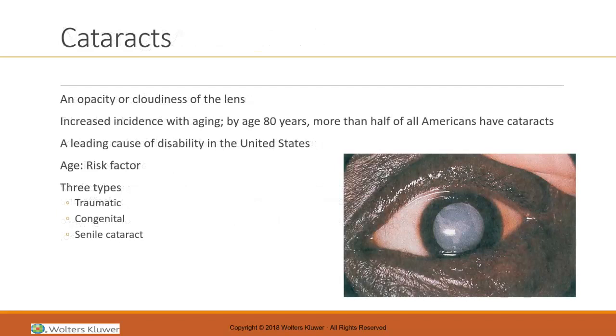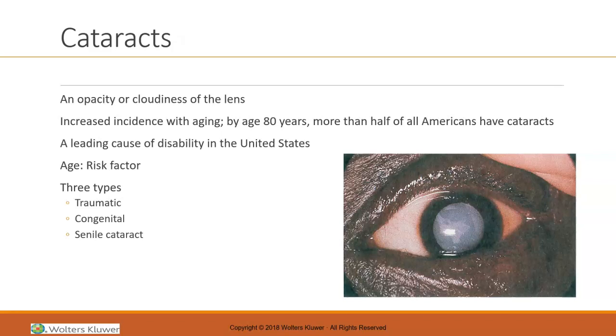All right, what about cataracts? This is an opacity or cloudiness of the lens. They're pretty easy to catch. This one in this picture here is a pretty significant cataract. We also see this with the aging population. Other risk factors aside from aging would be diabetes. There we go again with the diabetes.